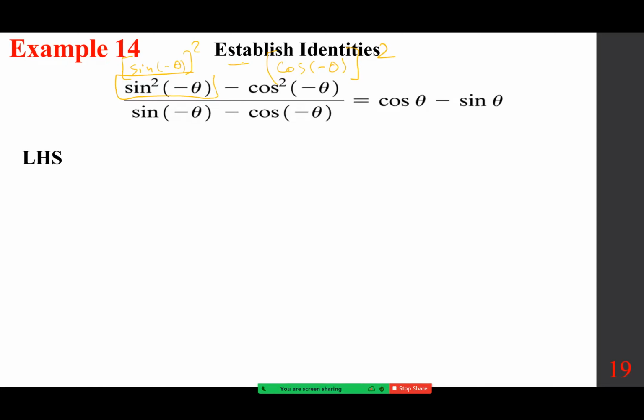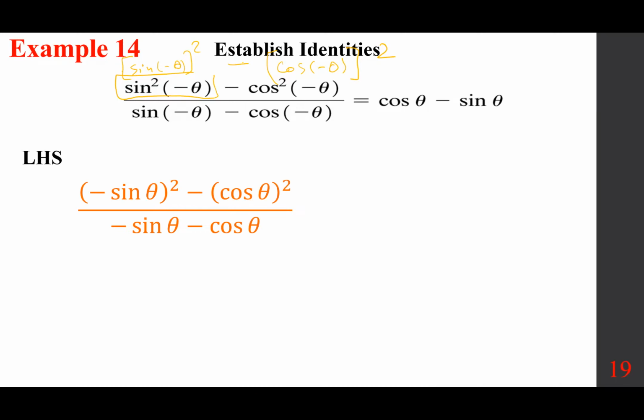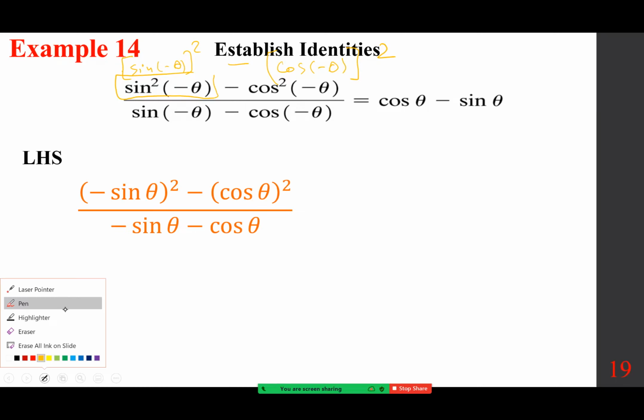Sine of negative theta is minus sine theta, but cosine of negative theta is the same as cosine of theta. And because of that, we write it in this fashion. Sine of minus theta is minus sine theta. Cosine of minus theta is cosine theta.